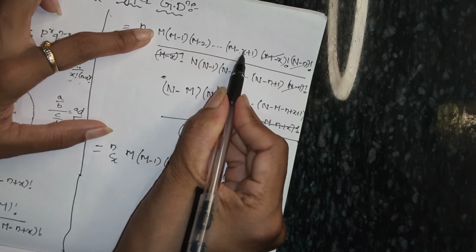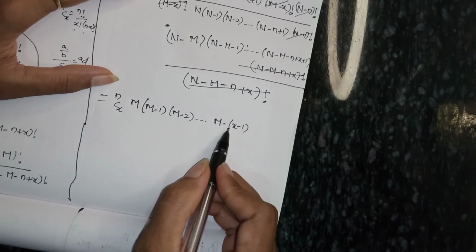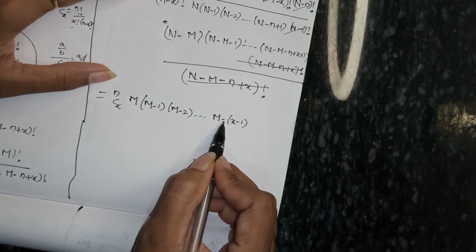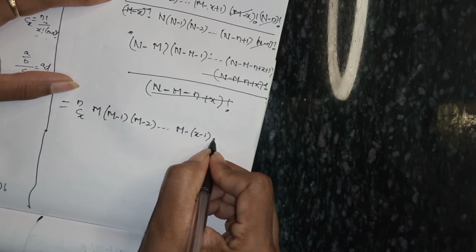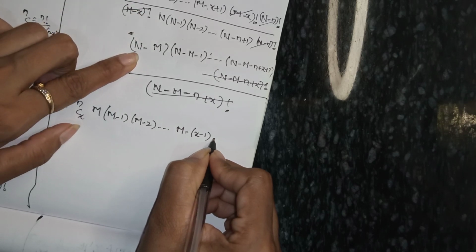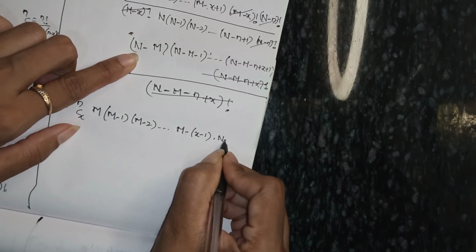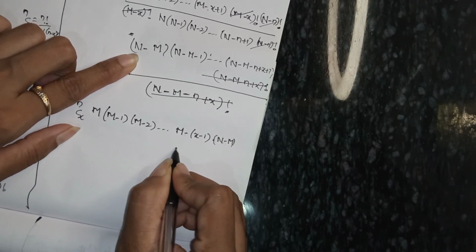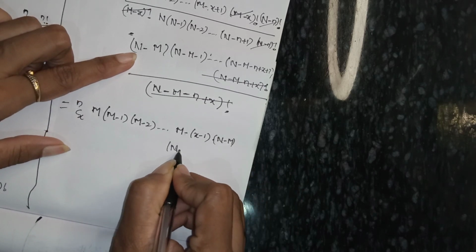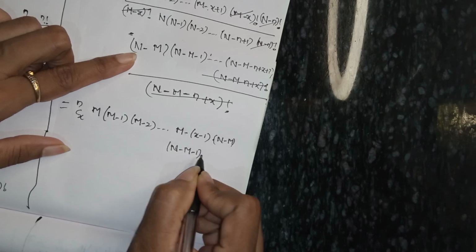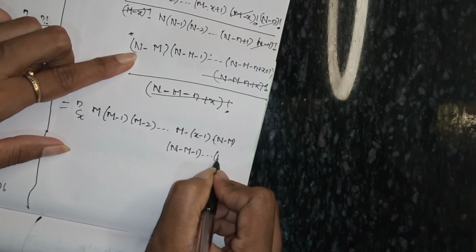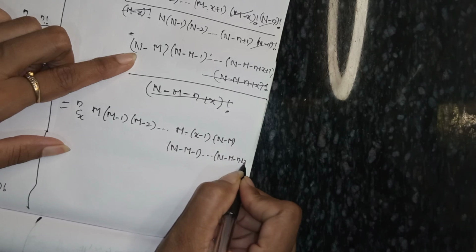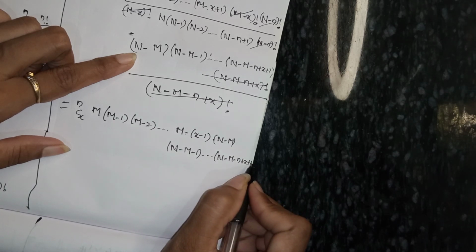Here m minus x plus 1 is there, no? So I am writing here m minus x minus 1, minus common I took here, into the next is this one, n minus m and n minus m minus 1 and so on, n minus m minus n plus x plus 1.